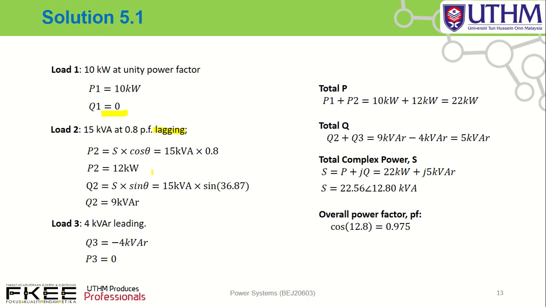So for P2, from the power triangle, we have theta, this is P, this is Q, this is S. Given S equal to 15, we can determine P. P equals S cos theta, because cos theta equals P over S. So you get the real power equal to 12 kilowatt.